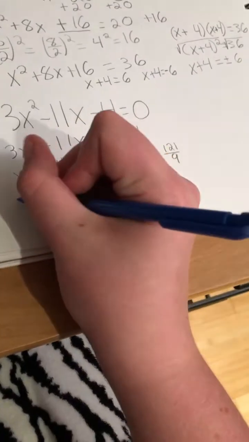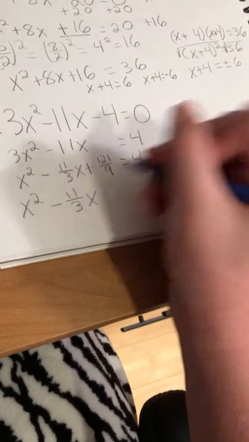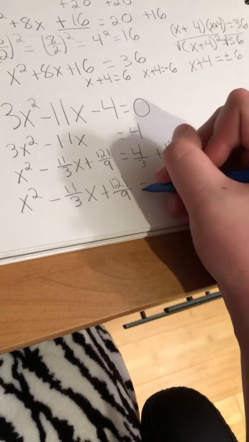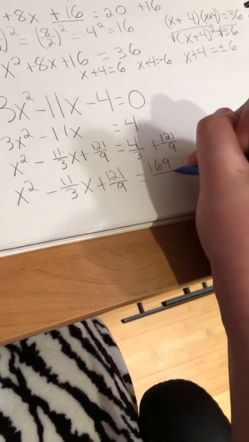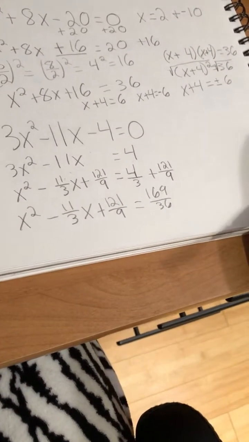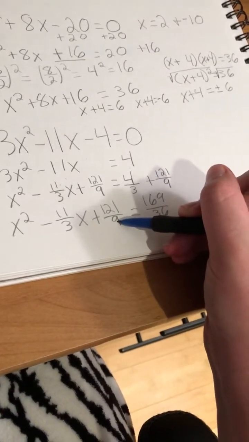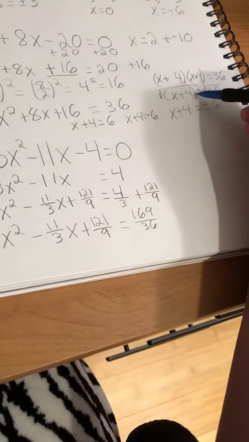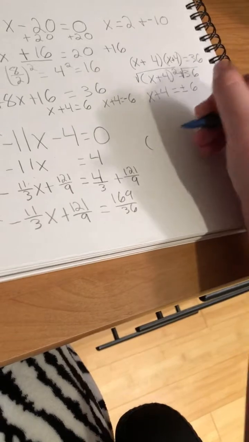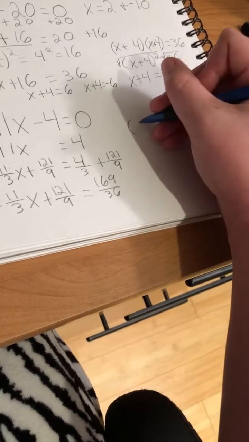Now simplifying, we have x squared minus 11 over 3 times x plus 121 over 9 equals 169 over 36. Now again, because we completed the square, we know that we're going to end up with factors that are the same. So we're going to have 2 parentheses that are the same.